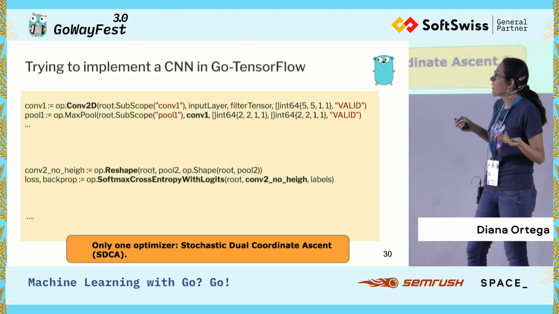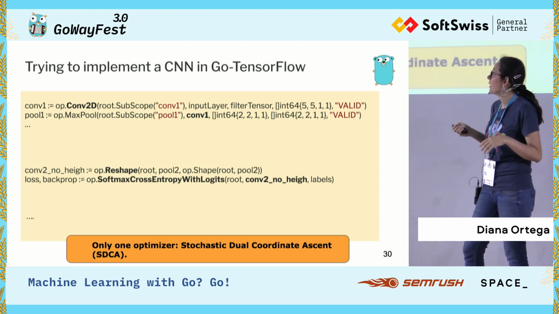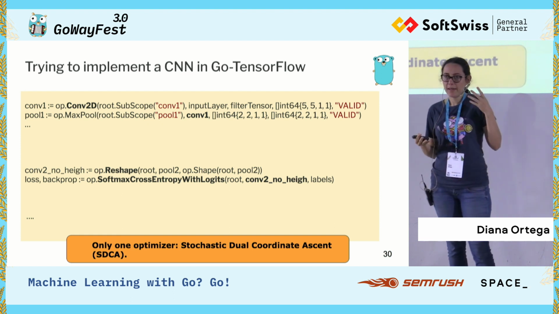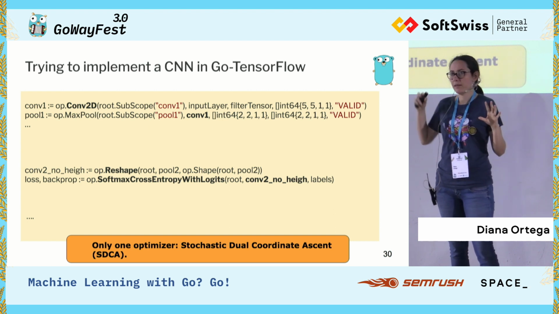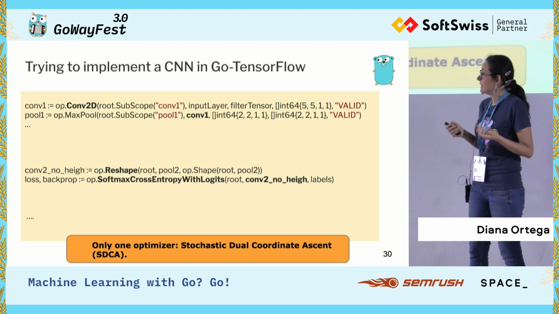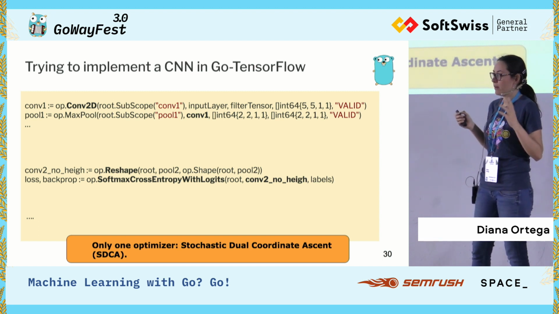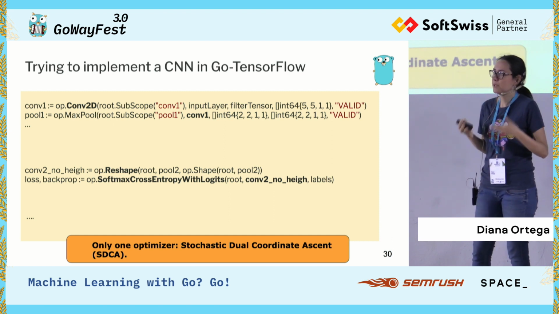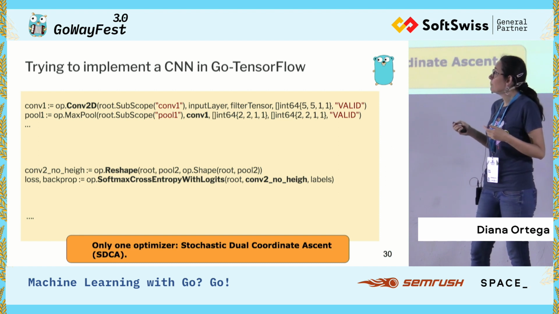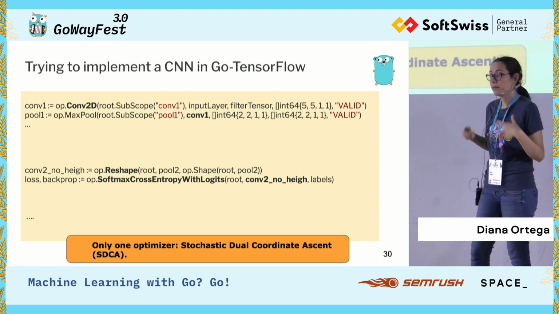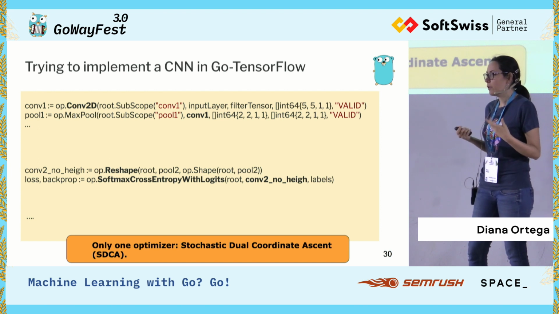I can reshape the matrix, for example, and I can have some operations for comparing if what I want and what I get are similar or not. But there is a problem. The only optimizer that is implemented for the Go API is this one. It's okay, but I don't want that. I want another one that is maybe more powerful for me.